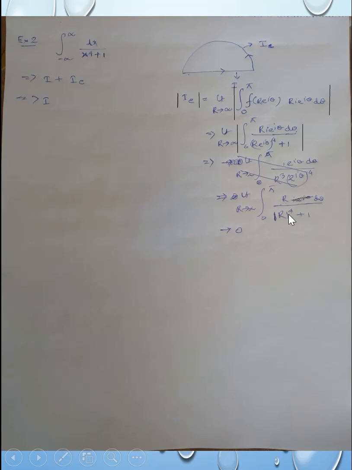In these equations, if you consider r is very big, and it is very big because we are giving the limiting value of r tending to infinity, here you will get r times 1 by r cube, right? So if you put r tending to infinity, you will get a value tending to 0. So we need not consider IC here, we will only deal with I.